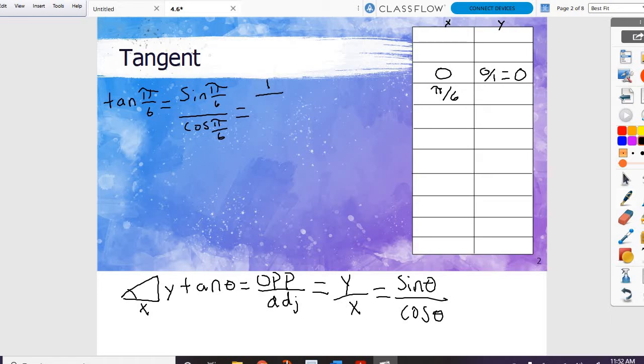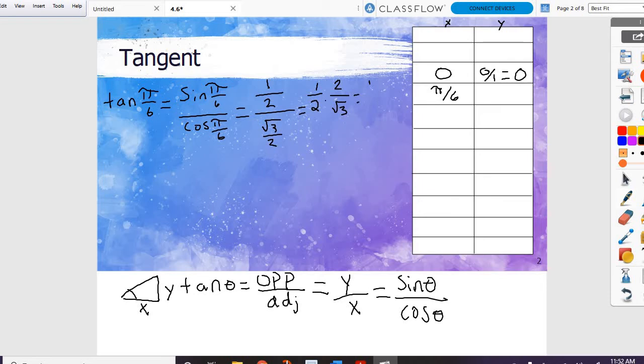And then that means that our cosine is the other one that comes up a lot. What is that? Square root of 3 over 2. Okay with that? Yes? So I'm just taking these values off of my unit circle. Well, notice that we have a complex fraction, so a fraction within a fraction. In order for us to simplify, we need to multiply by the reciprocal of the denominator.